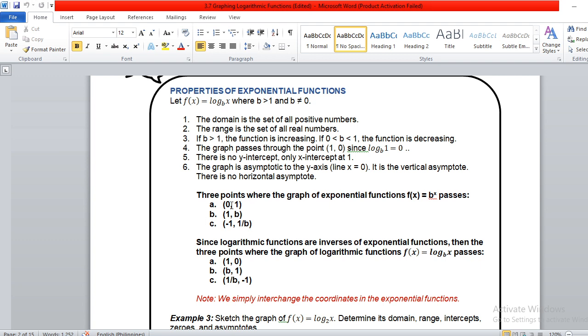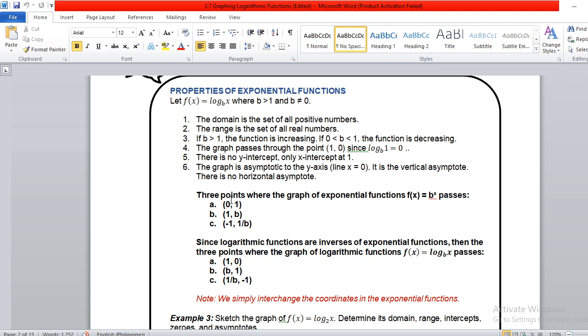So we know that the exponential function is the inverse of the logarithmic function. Therefore, the logarithmic function f of x is equal to log x base b passes through, look at this one, the inverse of the points. So instead of (0, 1), we have (1, 0). Instead of (1, b), we have (b, 1). Instead of (-1, 1 over b), we have (1 over b, -1).